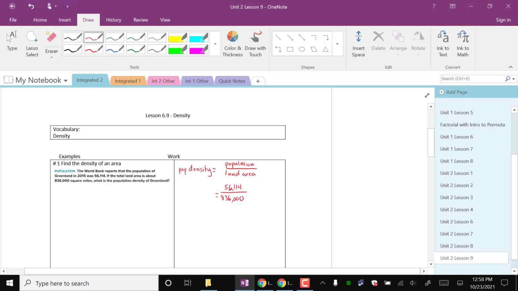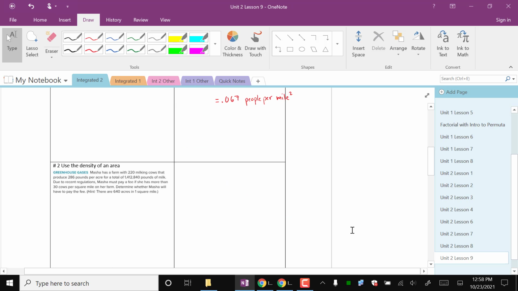So if I divide 56,114 by 836,000, we get 0.067 people per square mile.